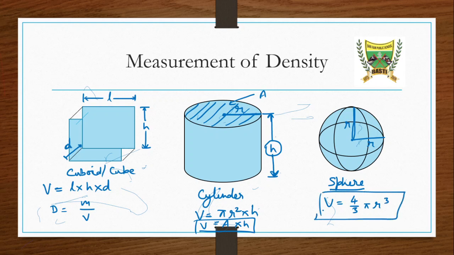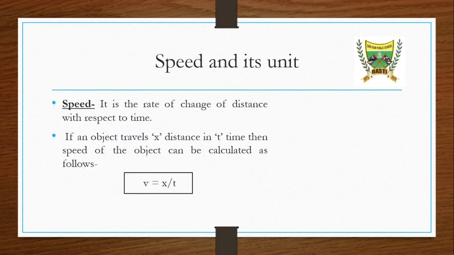So like this we can calculate the volume of any regular shaped object. Like this we can calculate the volume of a cone also, a cylinder we have already calculated. For a cube or cuboid, for any solid regular objects, we can directly calculate the volume. We will measure the mass, and then to calculate the density of that object, we will simply divide the mass by its volume.